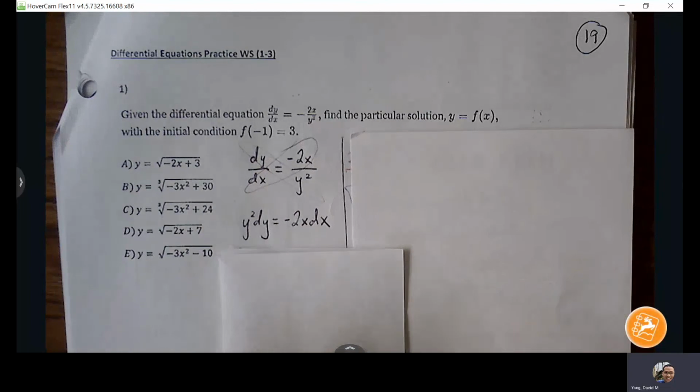Okay, so start off by separating your variables, or sorry, cross multiplying, and then deciding if we need to have our variables separated.